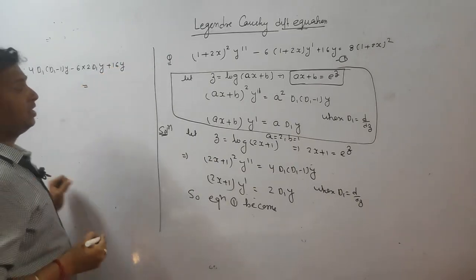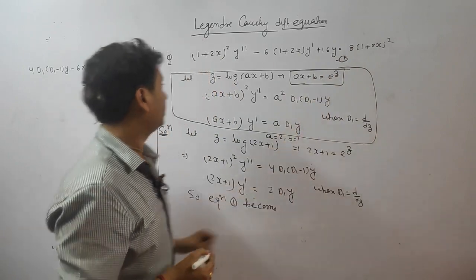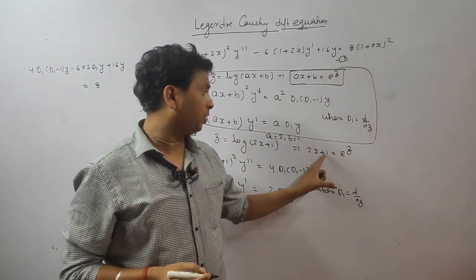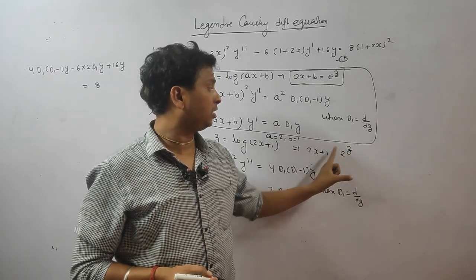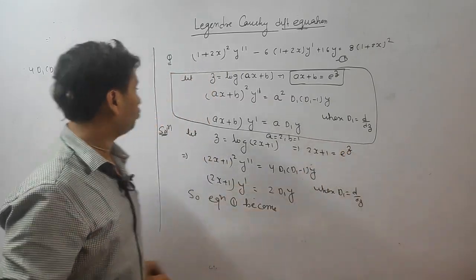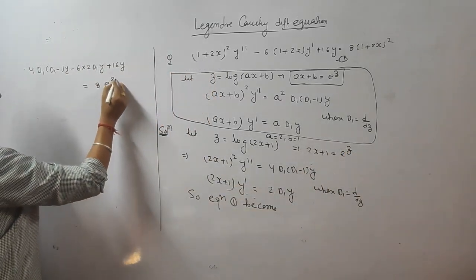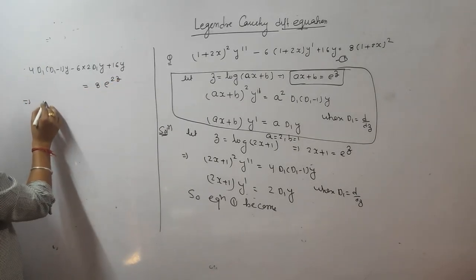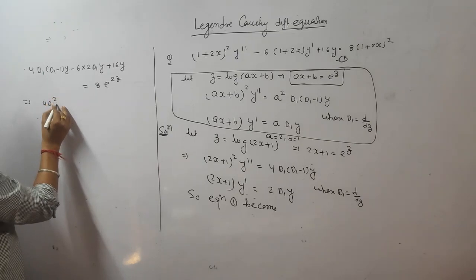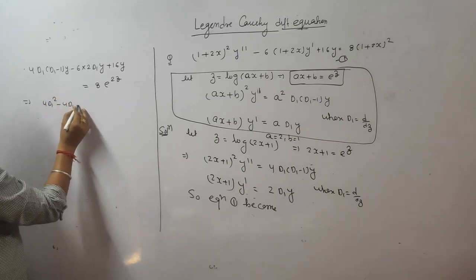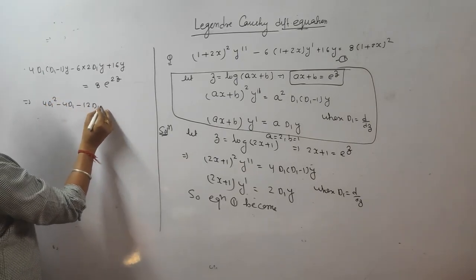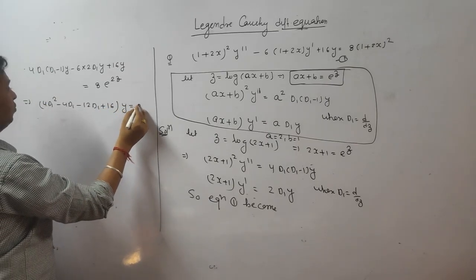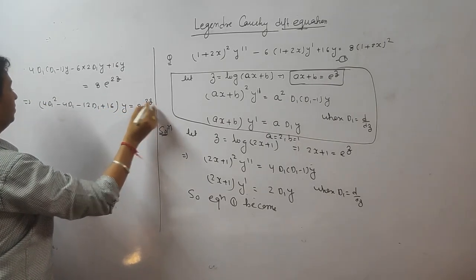Now the right hand side. What is there? 8 (1 plus 2x) squared, where 1 plus 2x is e to the power z, so its square means e to the power 2z. Now simplify. 4 D1 squared minus 4 D1 minus 12 D1 plus 16y is equal to 8 e to the power 2z.